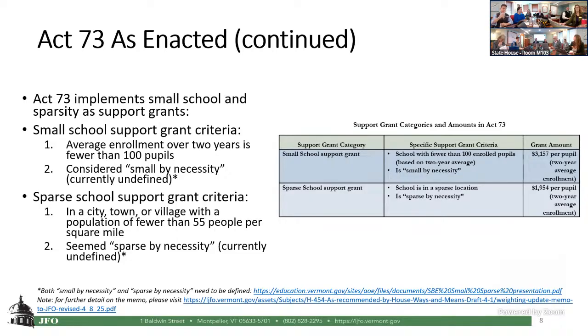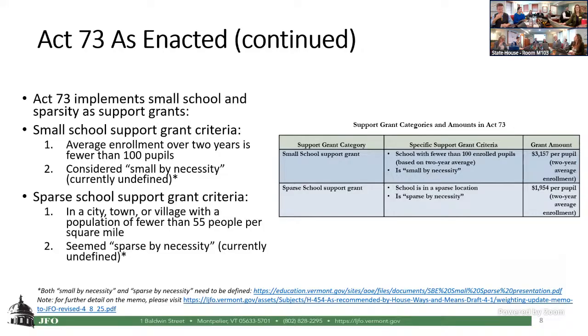And so for every student at the qualifying school, you would receive $1,954. One difference in the sparse school grant versus a weight is that we're looking at sparsity at the school, or town, city, or village level rather than at the district level.